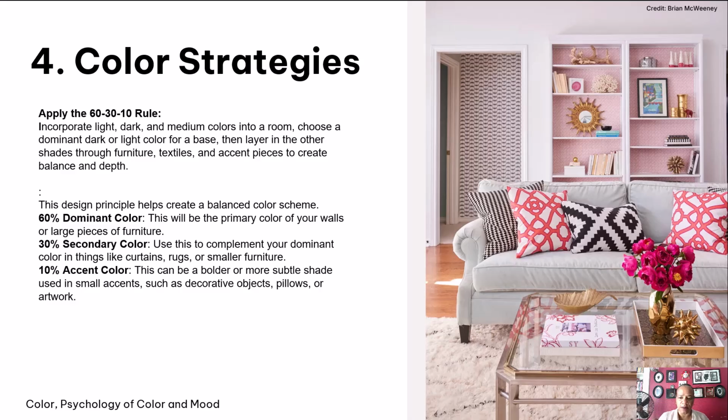But I chose this image even more for the pattern because pattern works the same way. So you want to have maybe a big no pattern area, or you have a huge pattern, then it goes to a medium pattern, and then you have some small pattern. And that also helps a space look interesting and not all the same, and the patterns not fighting with each other.